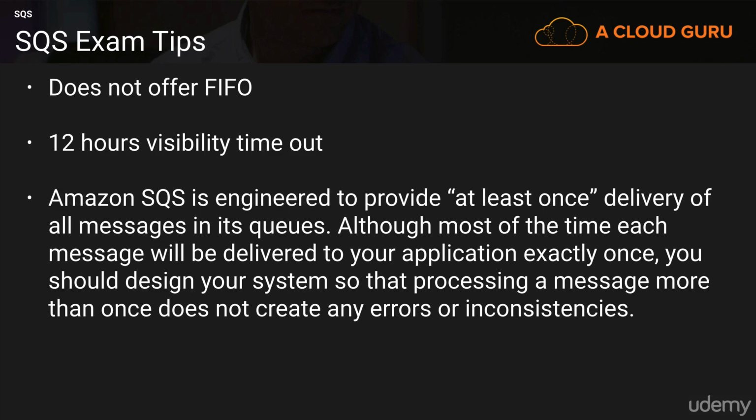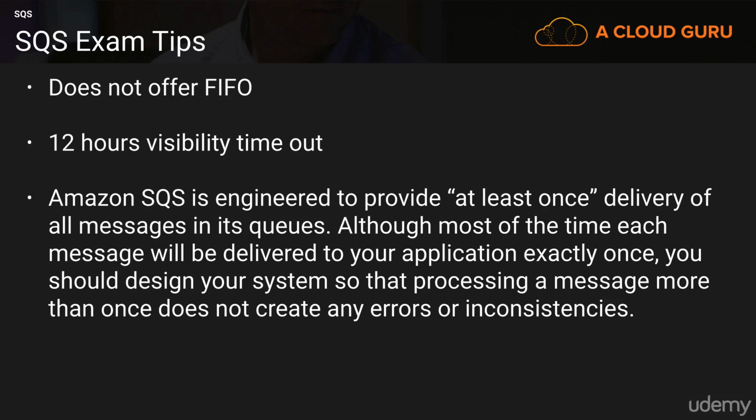So some exam tips for you. It does not offer first in, first out. You've got a visibility timeout window of 12 hours by default. SQS is engineered to provide at least once delivery of all messages in its queue, although most of the time its message will be delivered to your application exactly once.